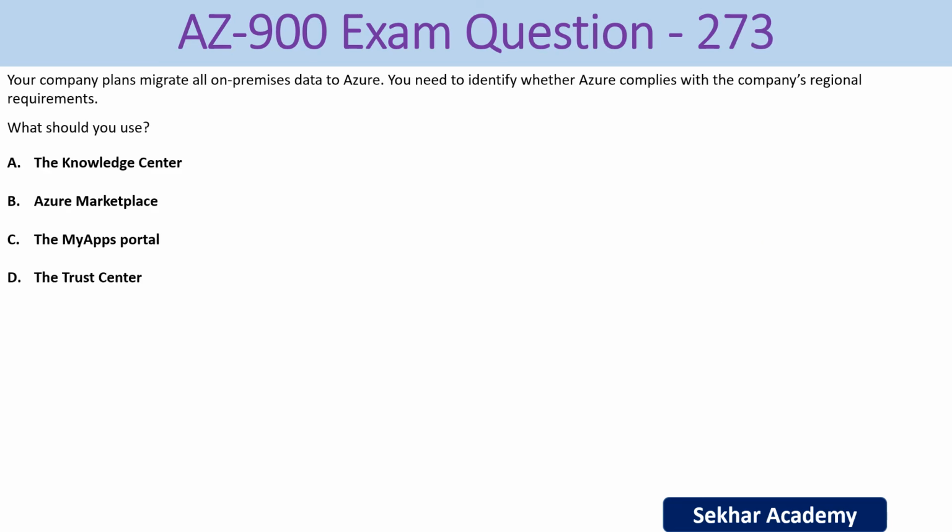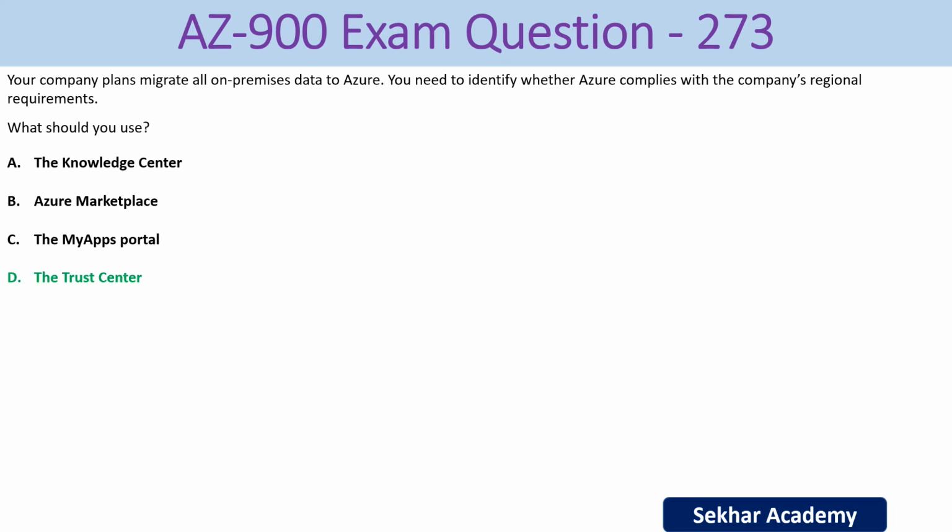Question number 273. Your company plans to migrate all on-premises data to Azure, and you need to identify whether Azure complies with the regional compliance requirements. What should you use? Options we have: the Azure Knowledge Center, Azure Marketplace, the My Apps portal, and the Trust Center. The right option is the Trust Center.